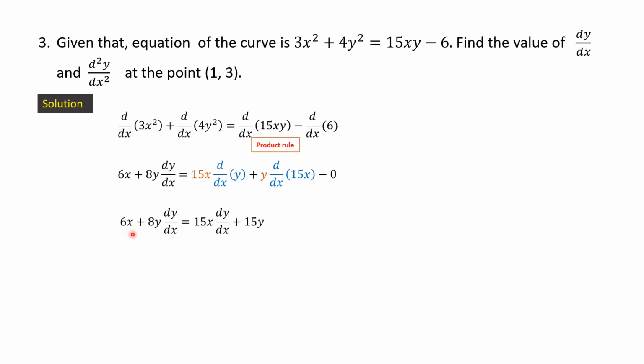So 6x plus 8y dy/dx equals 15x dy/dx plus 15y.